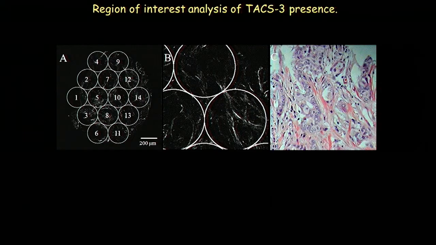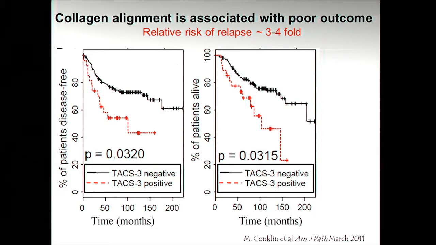And we had 3 unsuspecting graduate students who thought they were going to do exciting stuff look at 14 regions of interest across 300 samples and go yes or no if there was one of those signatures. And then we totaled it all up and we sent it to our biostatisticians who had all the outcome data. And what we found was quite remarkable.